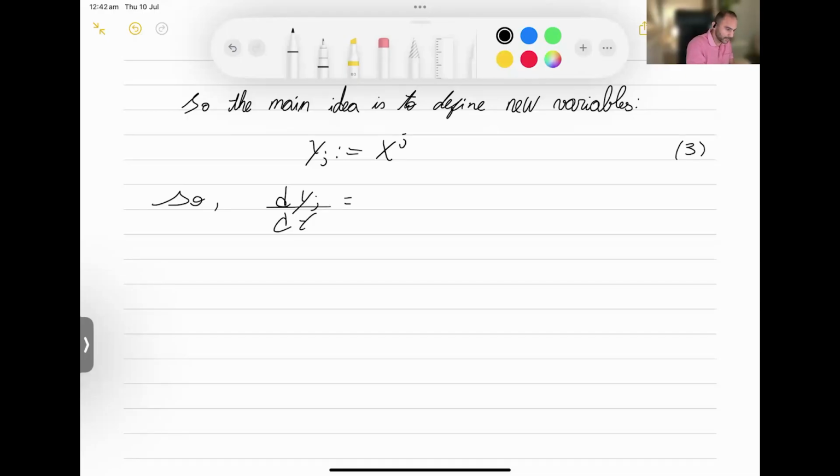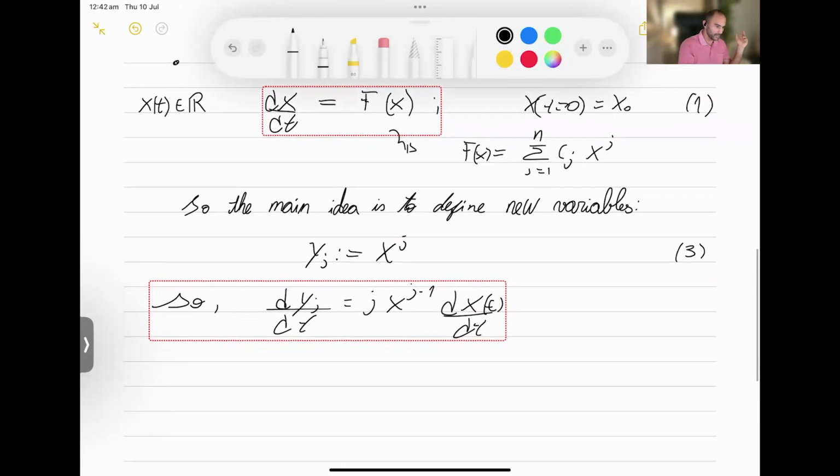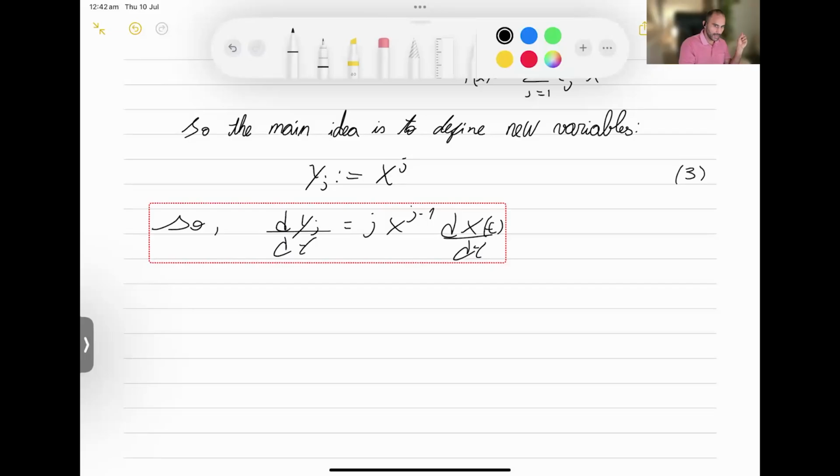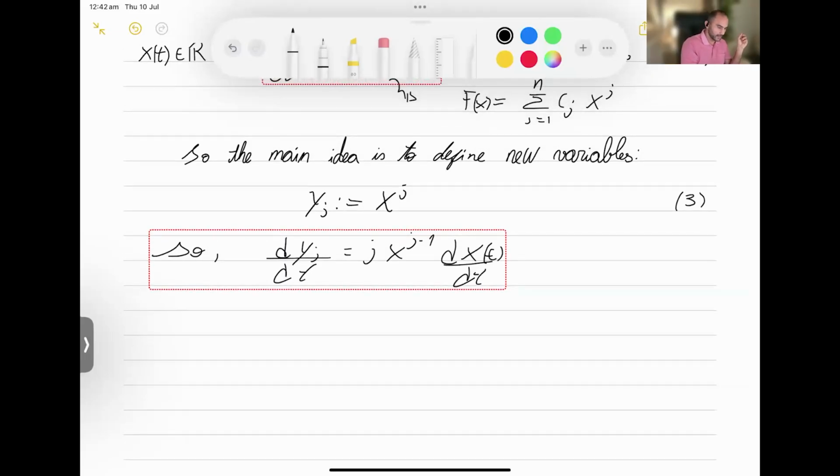You know what x is, so that's just the derivative, x to the power minus 1, and then we have dx/dt. And dx/dt you know from the original problem, equation 1: dx/dt is just f(x).